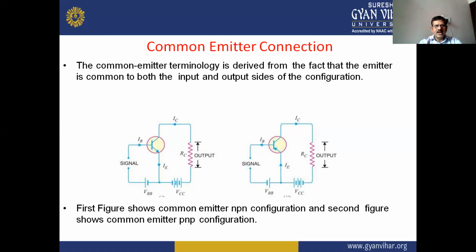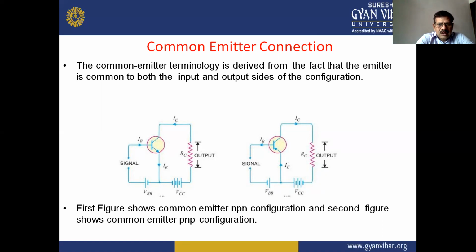The common emitter terminology is derived from the fact that the emitter is common to both the input and output side of the configuration. So in the common emitter connection, the emitter is common between the input and output side of the configuration.